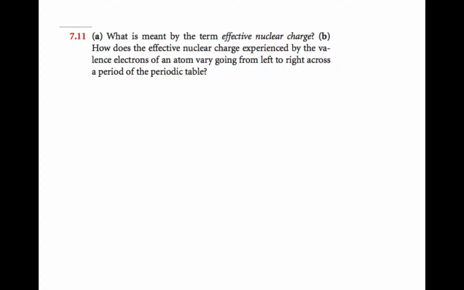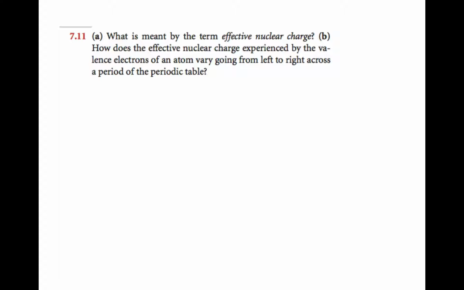What is meant by the term effective nuclear charge? How does effective nuclear charge experienced by valence electrons of an atom vary going from left to right across a period on the periodic table?